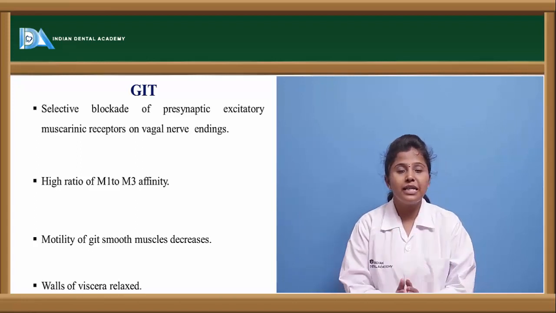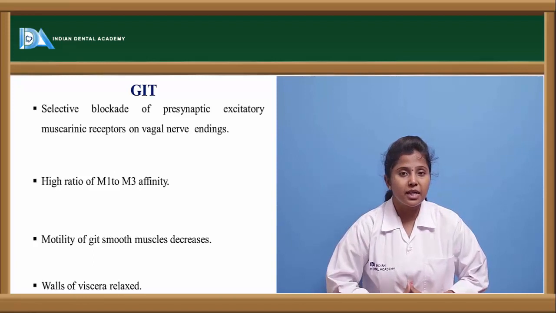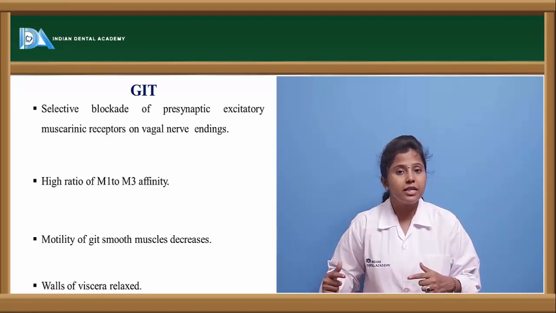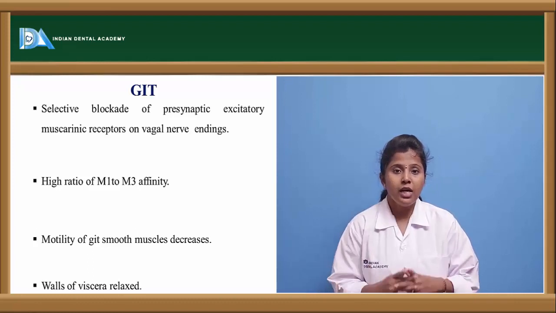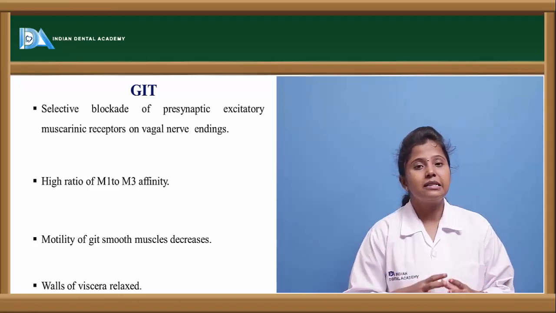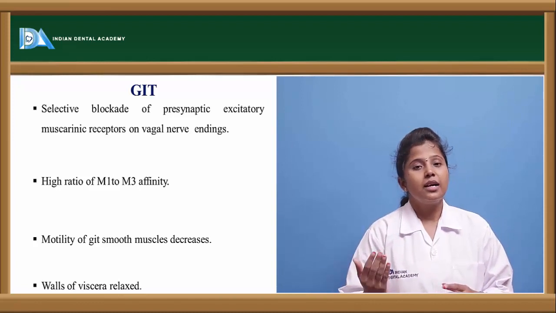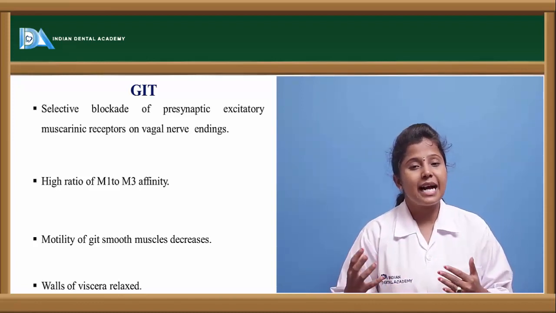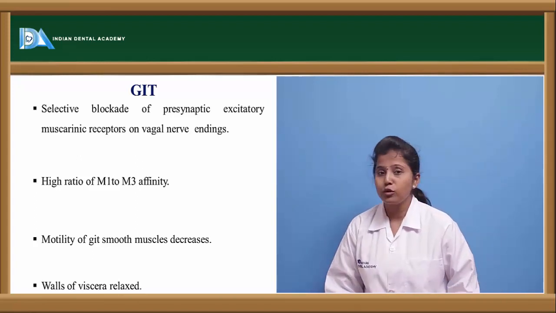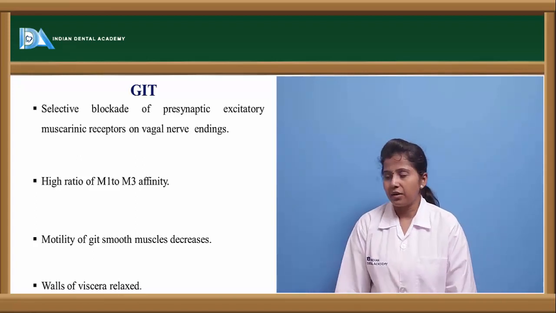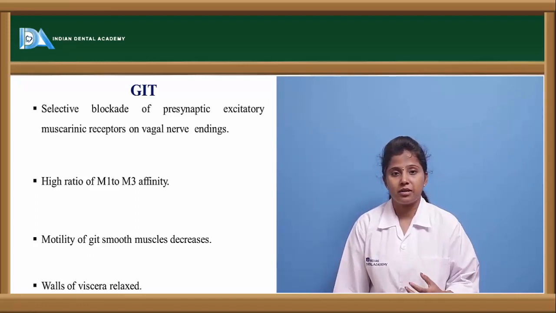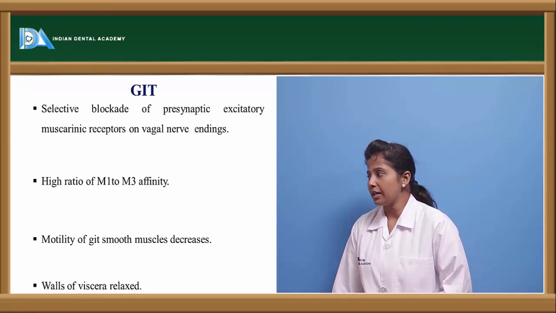Usually the stimulation of M1 receptors causes increased contraction of the GIT muscles, whereas these anticholinergic drugs antagonize that action, so decreased smooth muscle tone can be observed, and it also causes relaxation of the visceral muscles. The walls of the visceral muscles are relaxed.